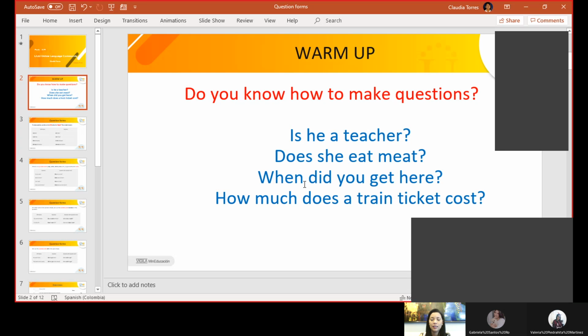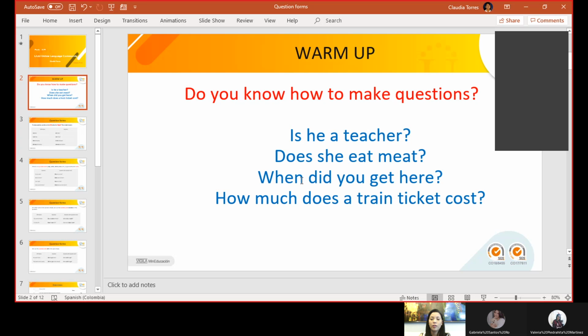So when did is past simple because you have the auxiliary verb did. Okay, and Valeria, what about the last one? What can you say about the last question?